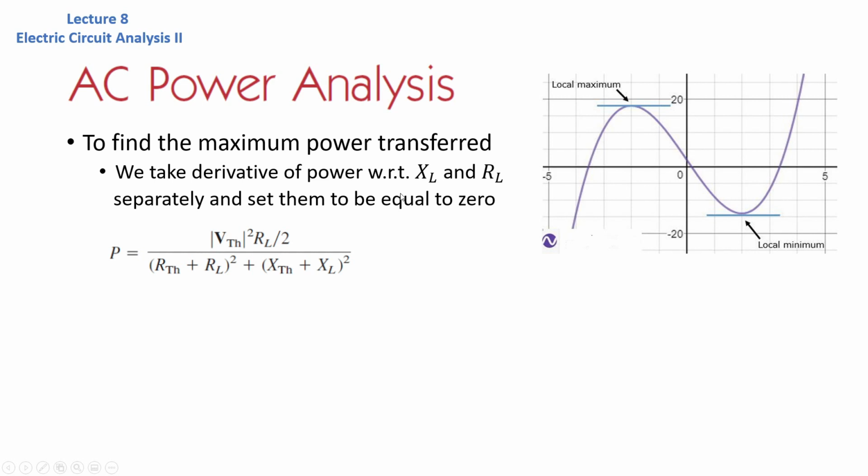And why are we taking derivatives with respect to the reactive part of the load and resistive part of the load? Because we want to find a condition for the load that allows us to deliver maximum power to the load, right?